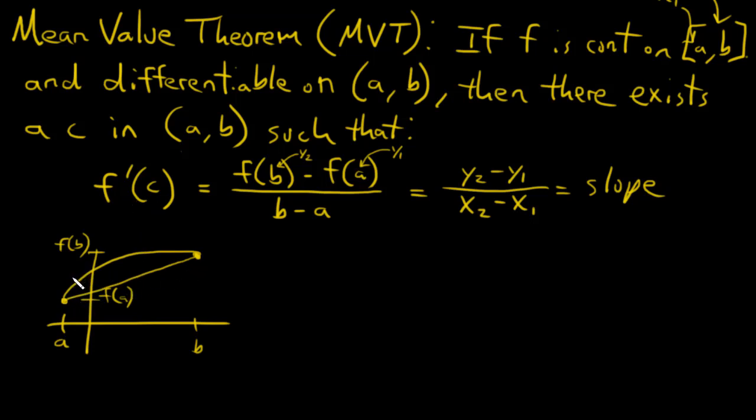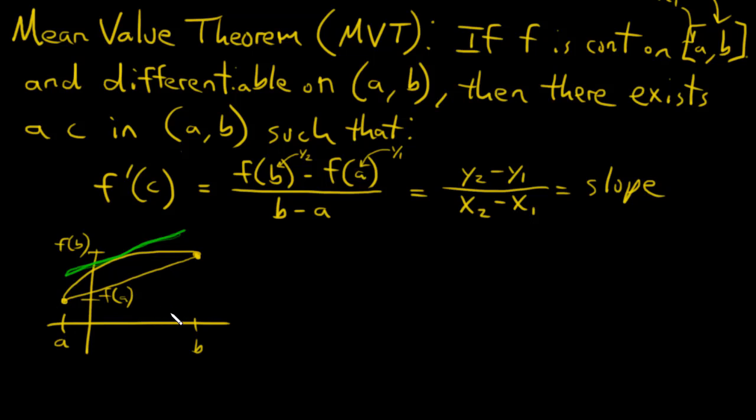So maybe the average slope is here, assuming I can draw, which I can't. Right there is the tangent line to this function, and that matches the average slope.